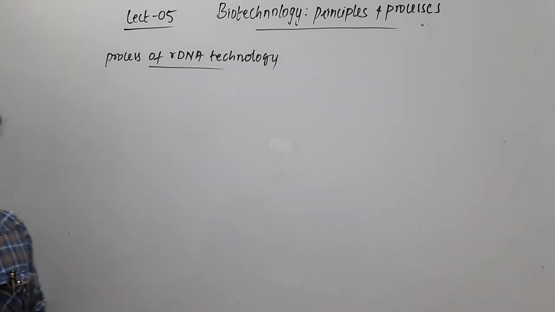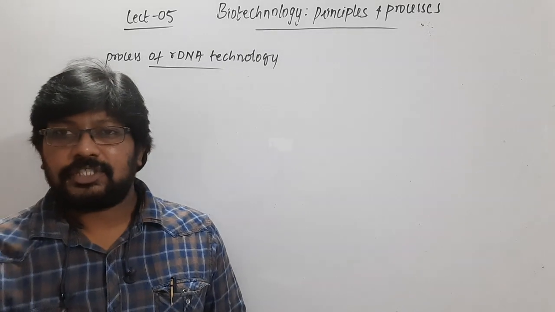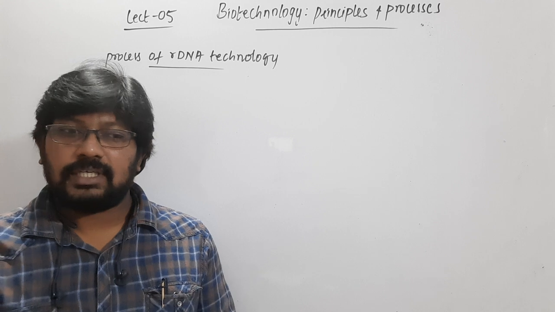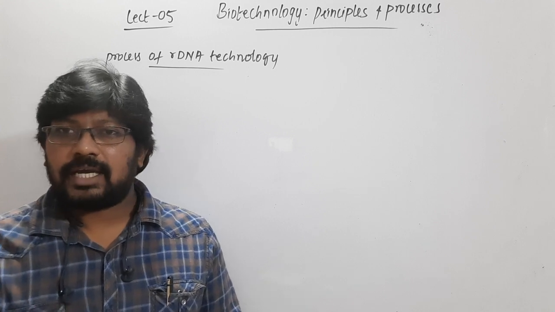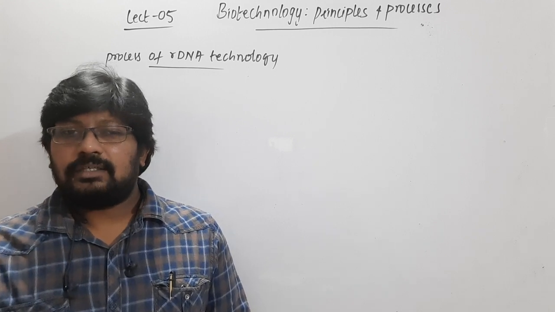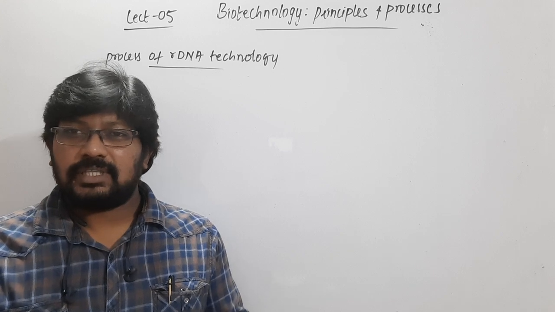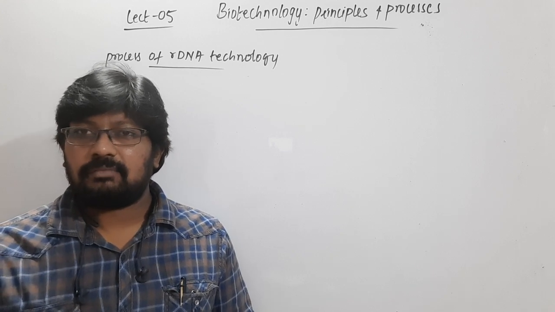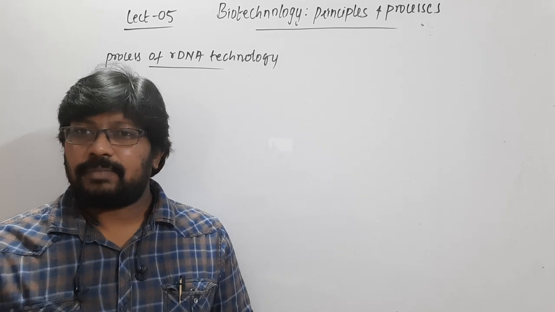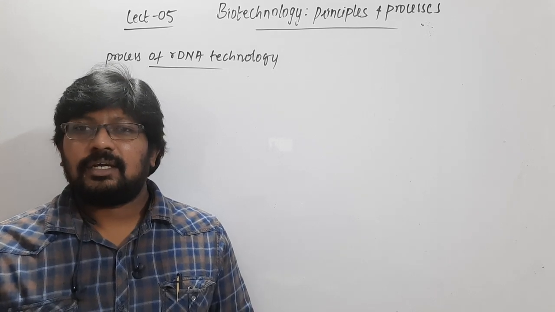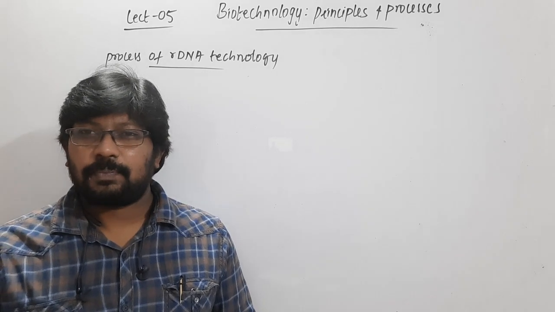we can make multiple copies of that gene of interest. Either by allowing the bacteria to multiply, and the plasmid present with that gene of interest will also get multiplied along with the bacterial or host cells, thereby making multiple copies of that gene.